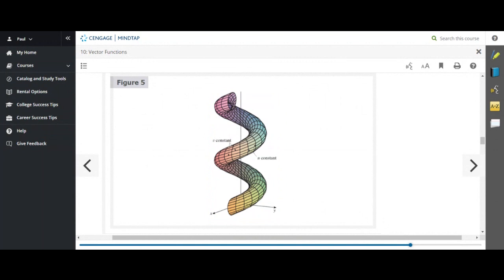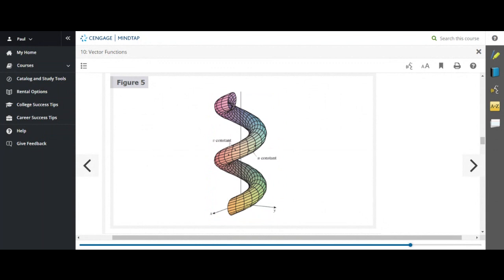That means when v is held constant, and v takes on different values, and then you let u vary, the grid lines are helices. The grid lines follow helices, and if you put a bunch of helices together, you get a helicoid.